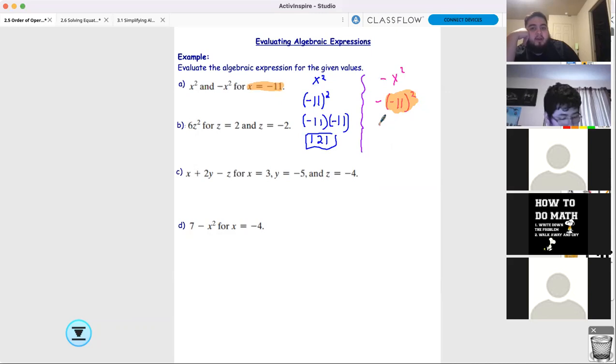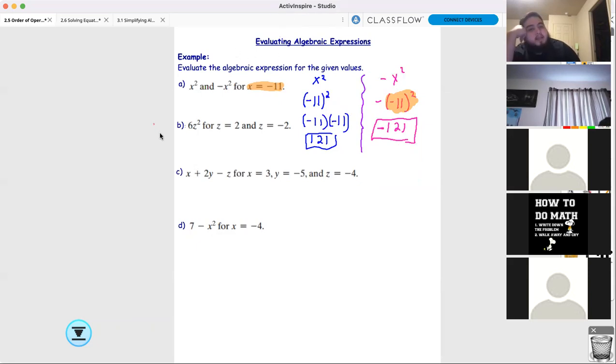It's 121, right? So I'm gonna bring down the 121, but what should be in front of the 121, class? What's still there that did not disappear? The negative sign. Does everyone see that? And that's A.